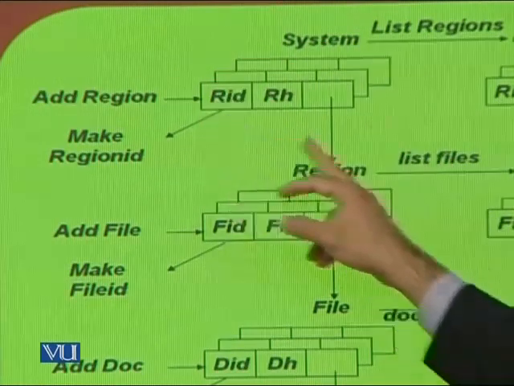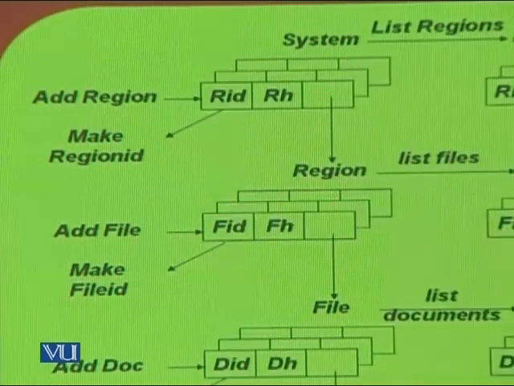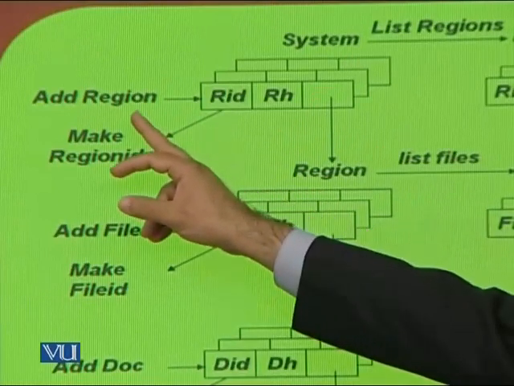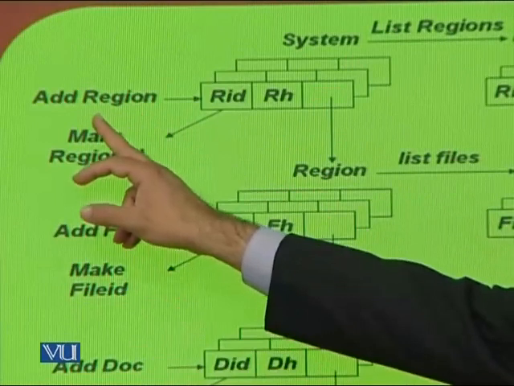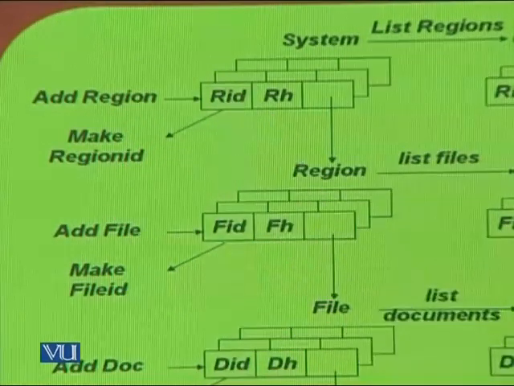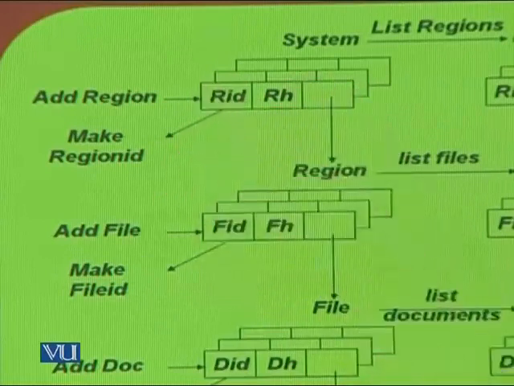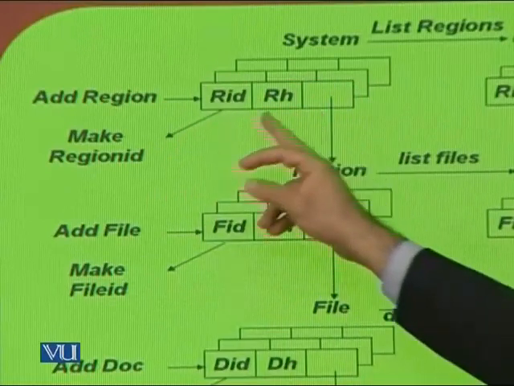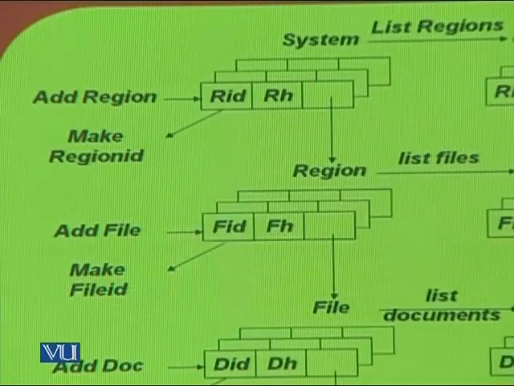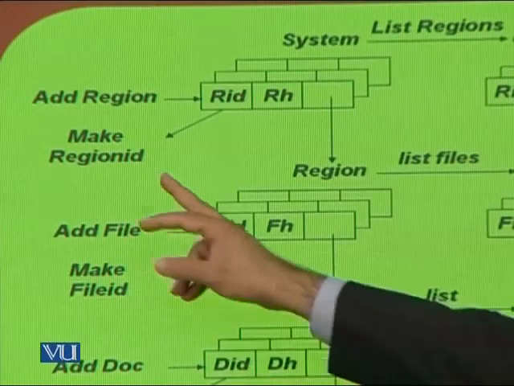So the system has a number of regions. What we need to do is we need to be able to add a region to the system, and when we add a region, it will create a structure like this, and then it will give a region ID back.